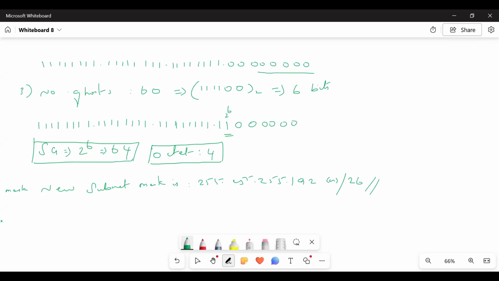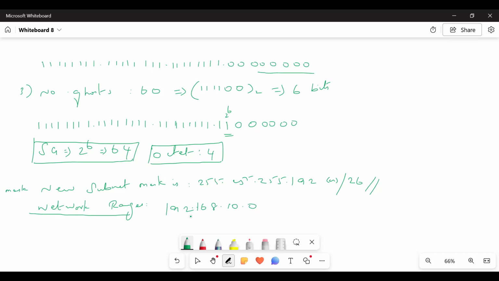Next, we are going to write the network ranges. It starts with 192.168.10.0.